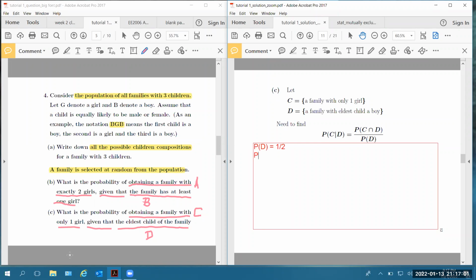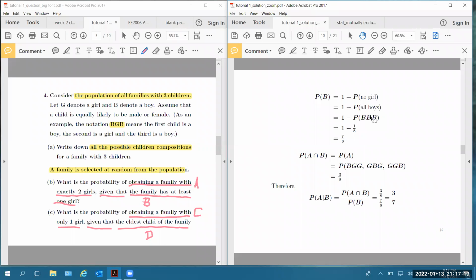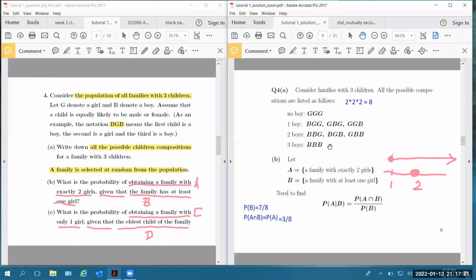Okay, so now the next thing is we'll go and look at C and D. All right, so we are going to take intersection. Only one girl and eldest child a boy. All right, so knowing these two, let's go to our compositions here. Eldest child a boy, and only one girl. Only one girl means 2 boys. So you just look at the 2 boys case, and the eldest one must be a boy.